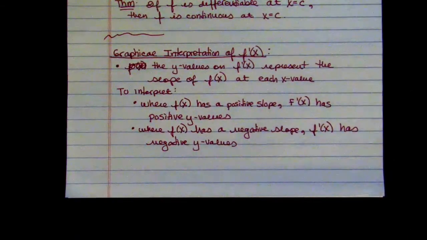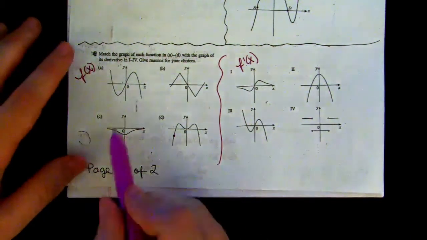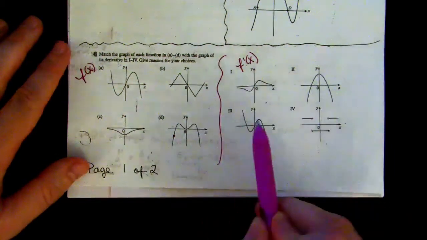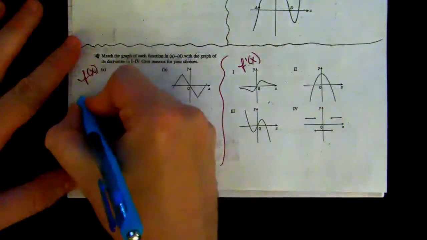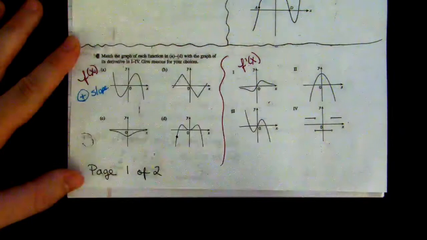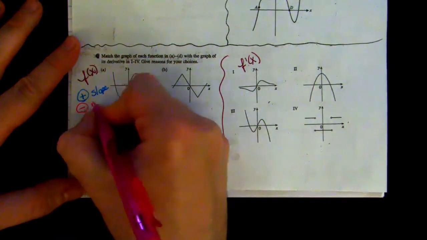And then I'd like to go back to that worksheet. These are original functions f of x. These are graphs of f prime of x. The slopes of these functions will correspond to y values on these functions. What I'm going to do is take out my two colors. I am going to, in blue, trace out my positive slopes, and in pink, I'm going to trace out my negative slopes.